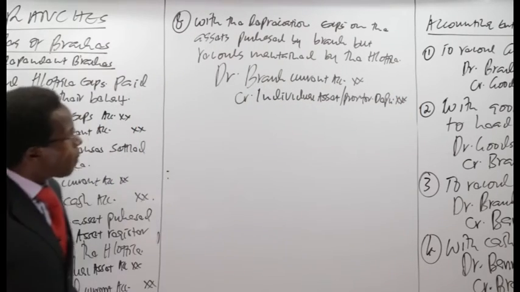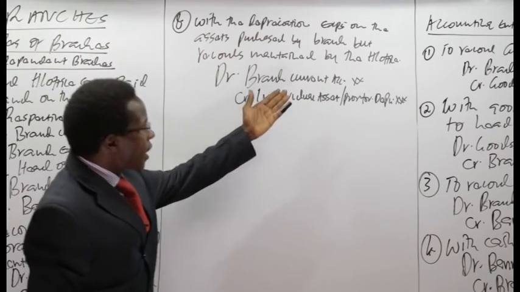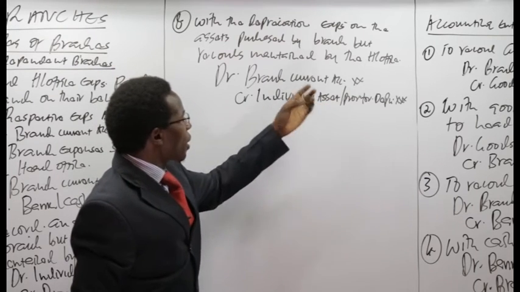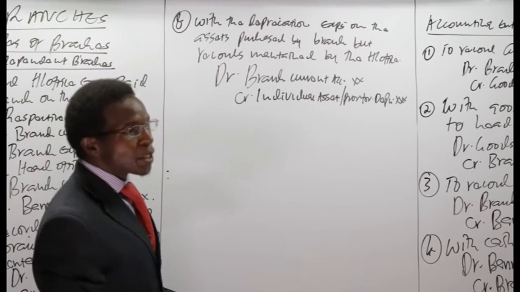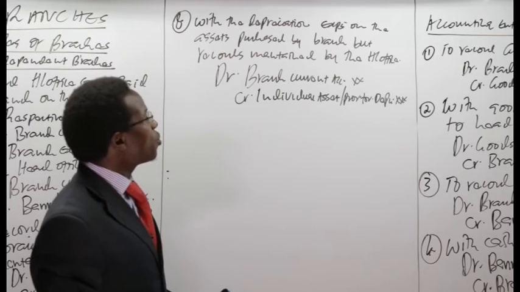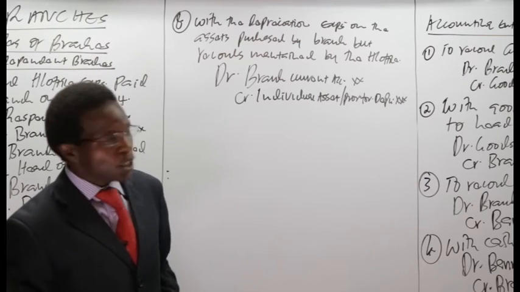So you debit your branch current account. If you are maintaining your asset at net book value, you credit your asset account. But if you are maintaining your asset account at cost, then you credit provision for depreciation account.